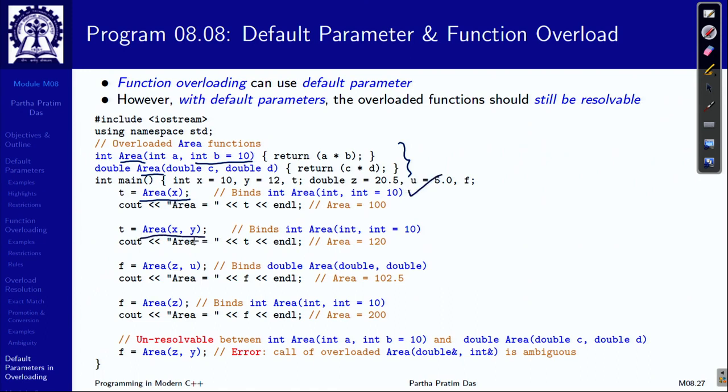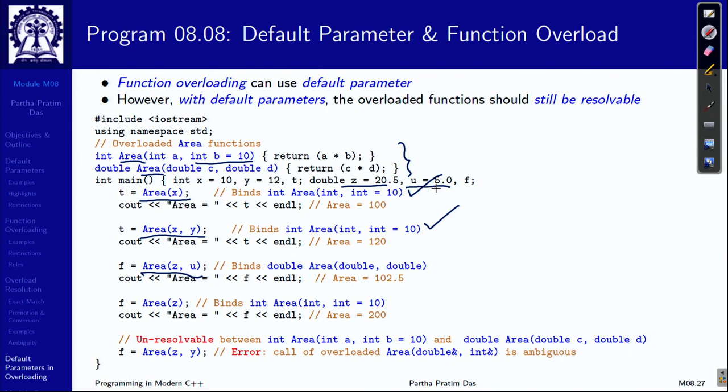What is area x y? 2 parameters. So, both functions are actually viable, but the first one has the exact match. So, this is what we get. If we do area Z W, sorry, Z U, Z is double, U also is double.